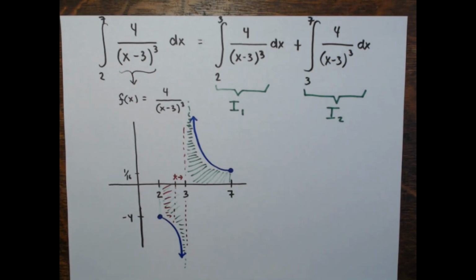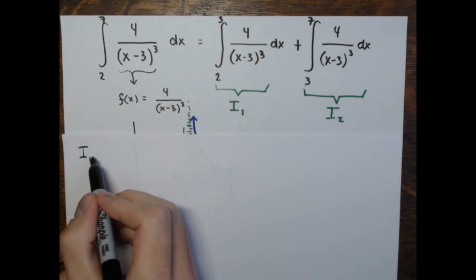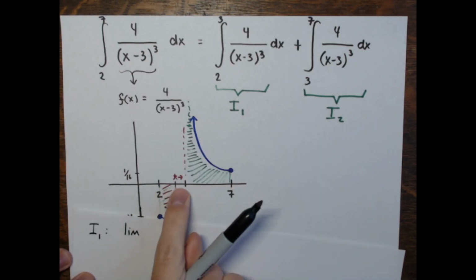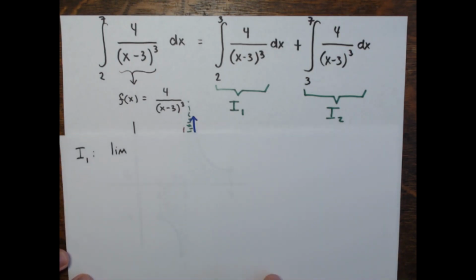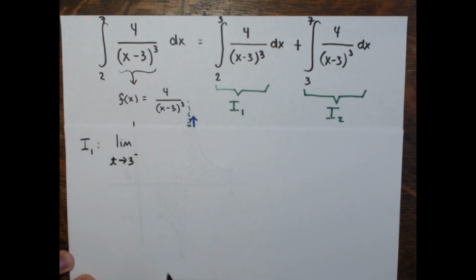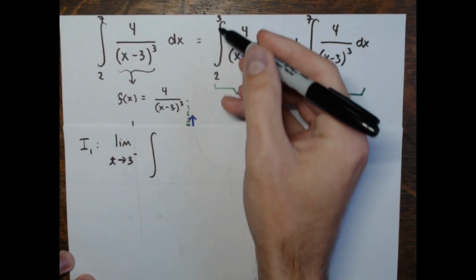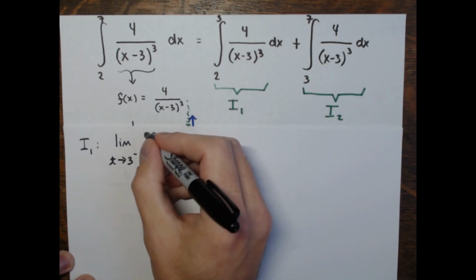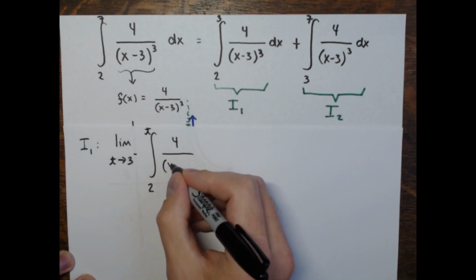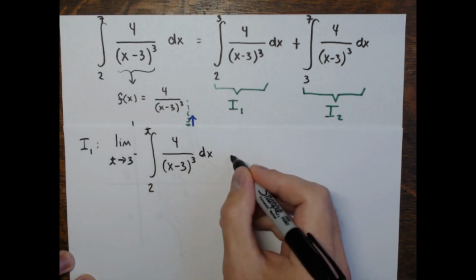All right, so we'll start off doing that. For that first integral, I1, I'm going to have the limit as t approaches 3 from the left of the integral, replacing 3 with t here, from 2 to t of 4 over x minus 3 cubed dx.